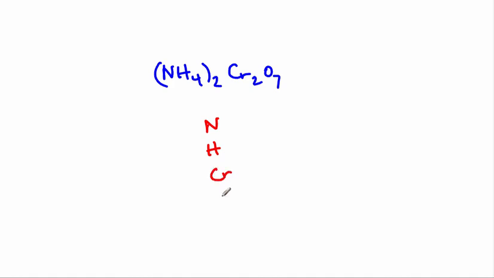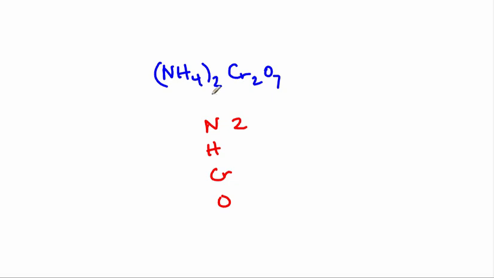Okay? And one other thing that might be helpful at this point is when you count atoms. Let's look at something like, this was a compound we had used in class as a demonstration, but it's a good one to look at to make sure we understand how many atoms of each element are there. So we've got nitrogen, hydrogen, chromium, and oxygen. So if we wanted to count how many atoms there were, this 2 applies to everything in the parentheses. So there would be 2 nitrogen. And we have to remember that it's distributive as well, so we have to multiply.